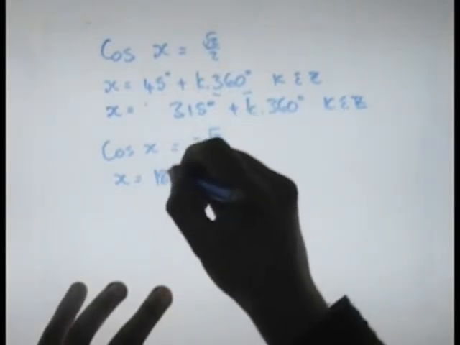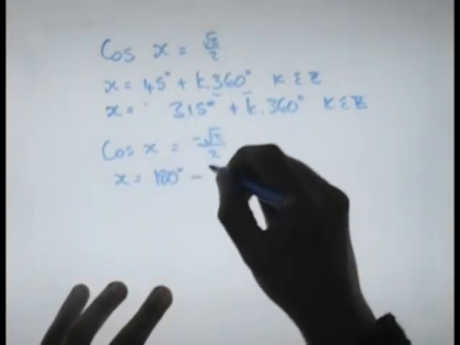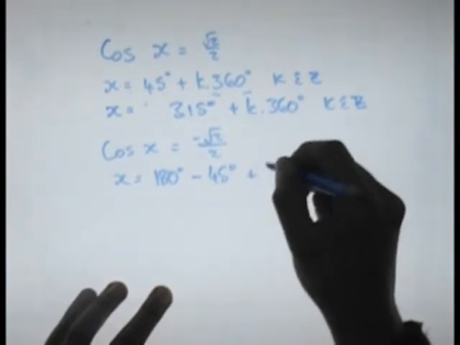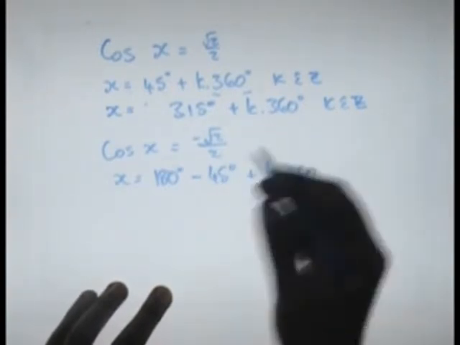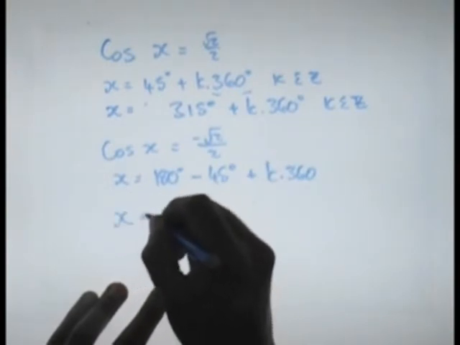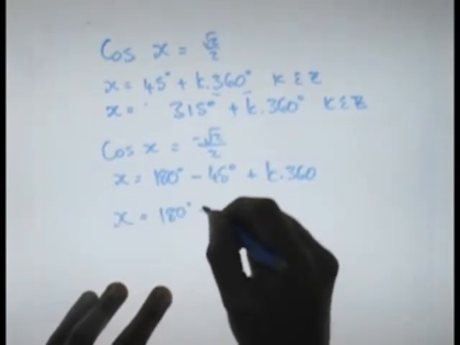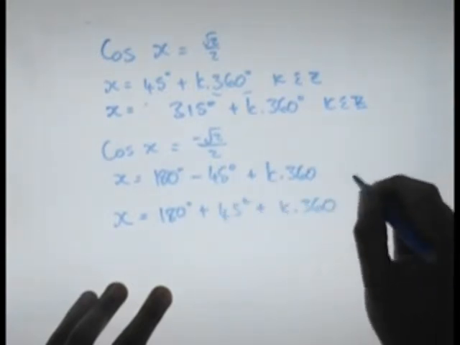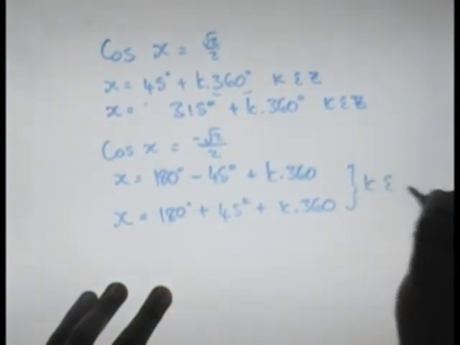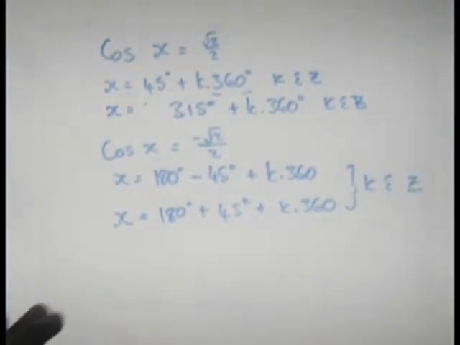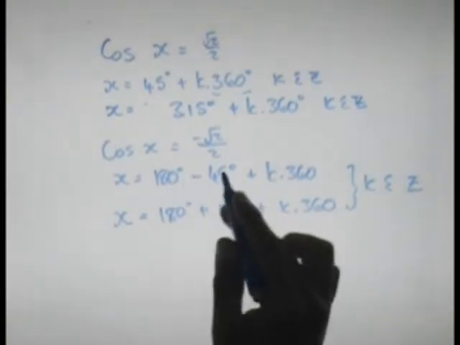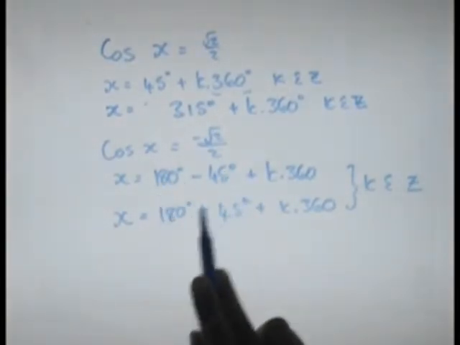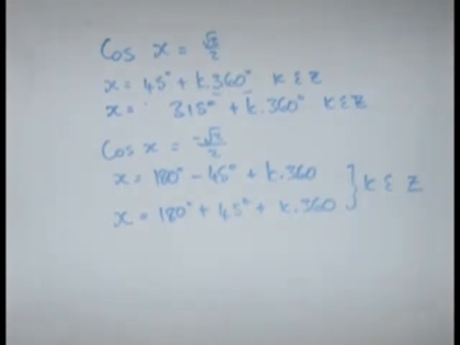Quadrant 2, which would be 180 degrees minus 45 degrees plus k times 360, or quadrant 3, which would be 180 degrees plus 45 degrees plus k times 360, both of these where k is an element of integers. And again, that can be simplified into 135 and this into 225 degrees. So that is working with general solution.